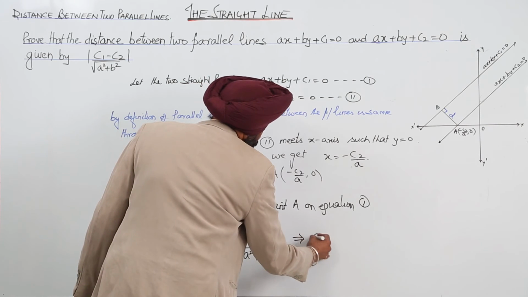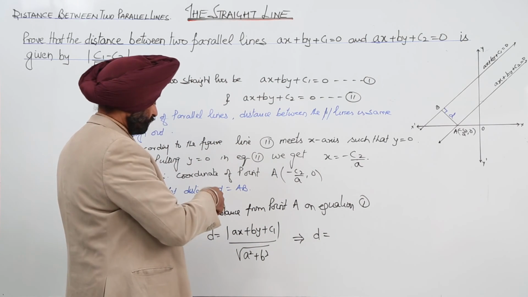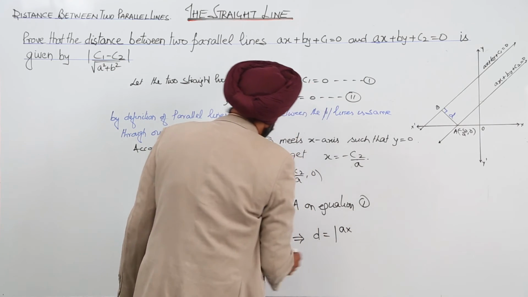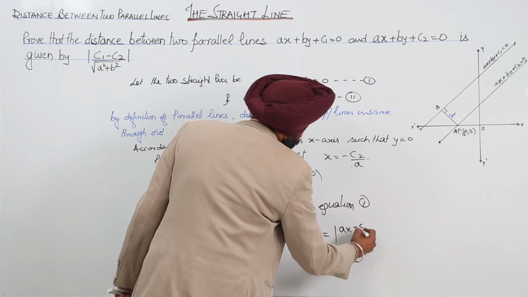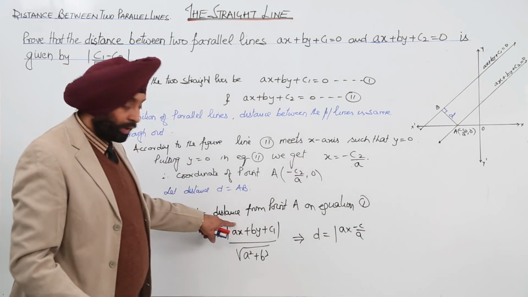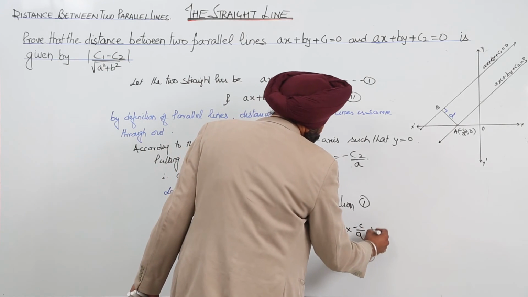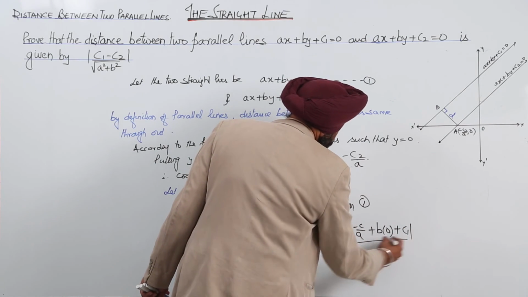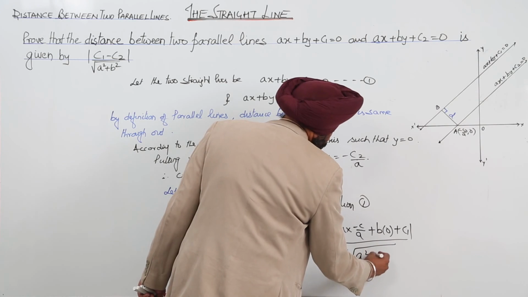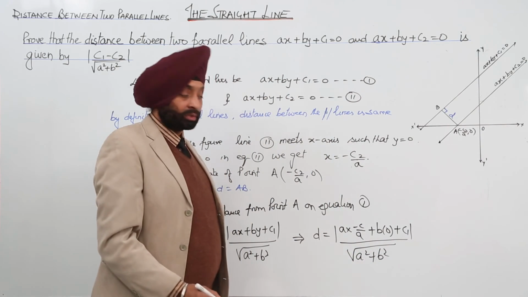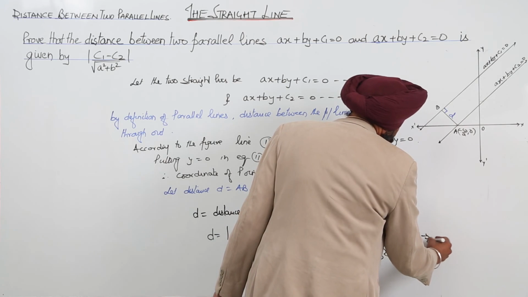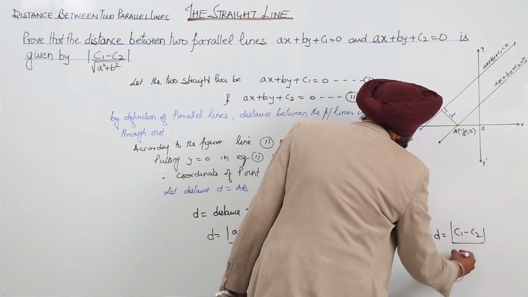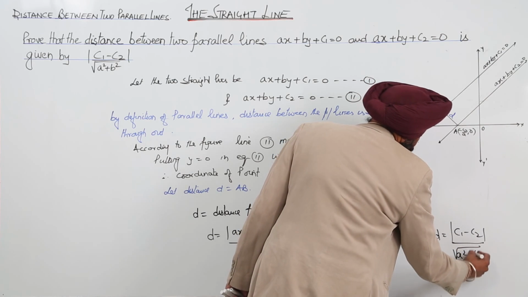Now D is equal to a times negative of c2 upon a, substituting the values of x, plus b times 0 plus c1, upon square root of a square plus b square, and this is equal to c1 minus c2 upon square root of a square plus b square.